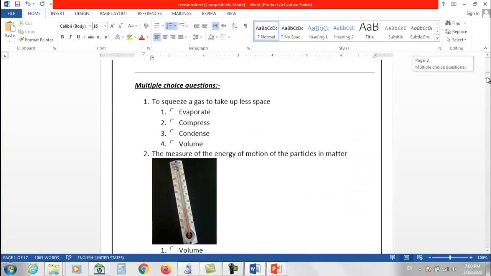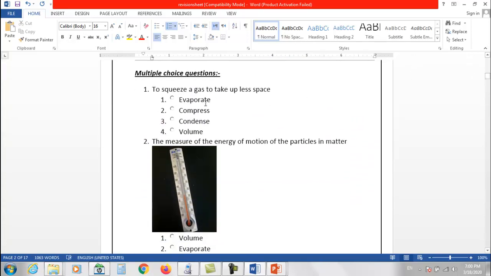Choice question. Choose the correct answer. To squeeze the gas to take up less space, it will evaporate, compress, or condense. Or in the meaning of the volume? Yes, compress. Excellent.